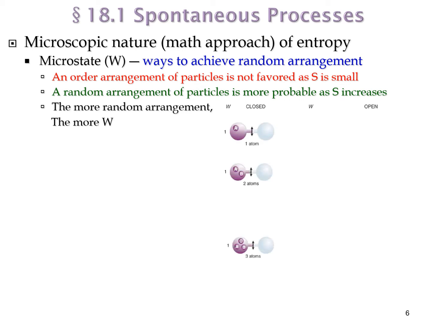That means particles in the flasks. So let's think about an imaginary reaction or experiment. We've got two flasks, and they're connected by a valve, and both flasks are absolutely vacuum to begin with.